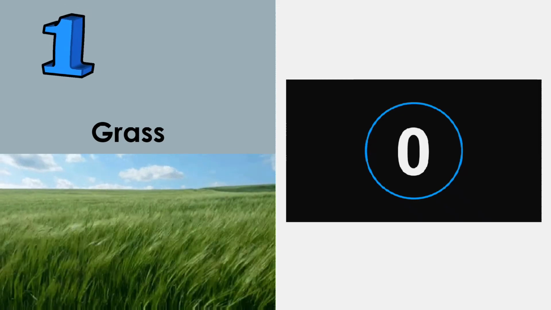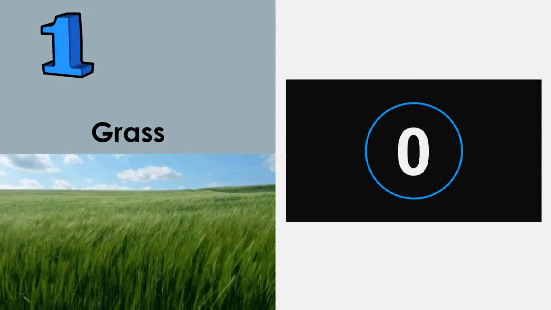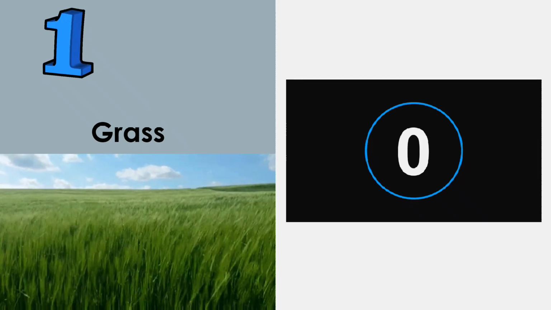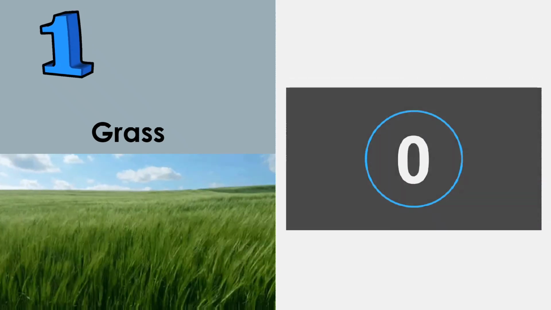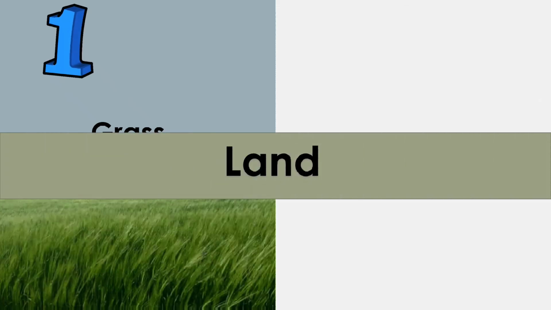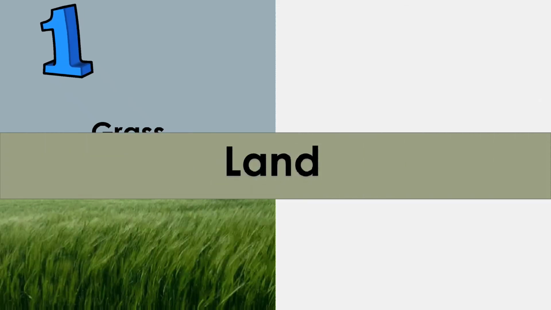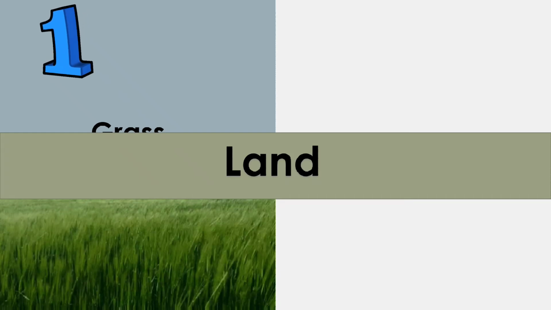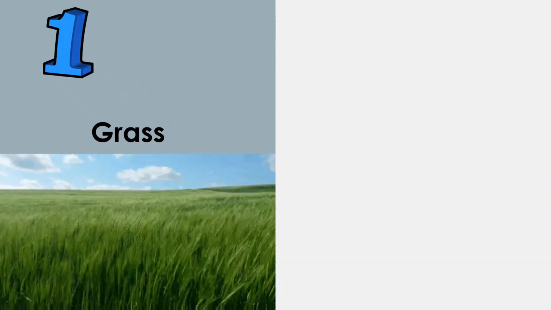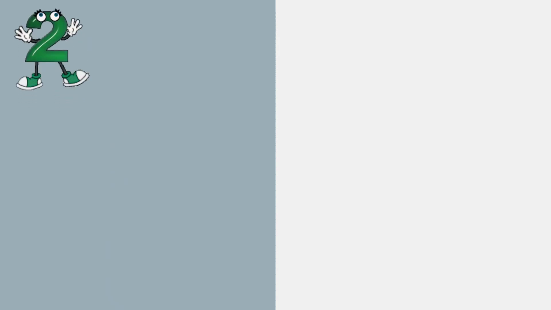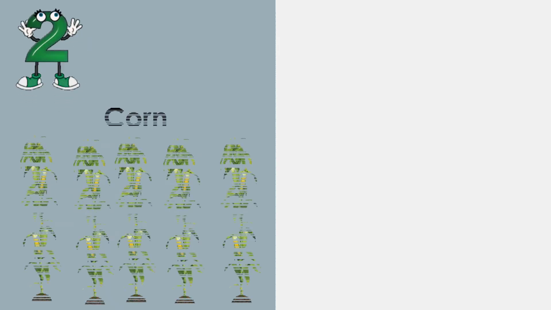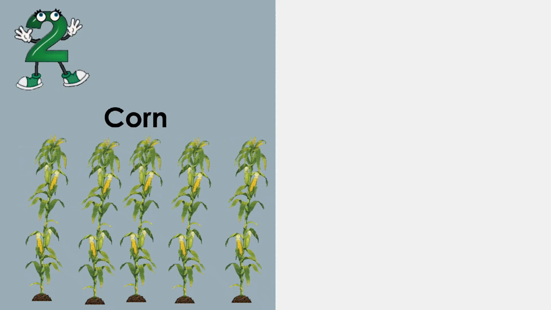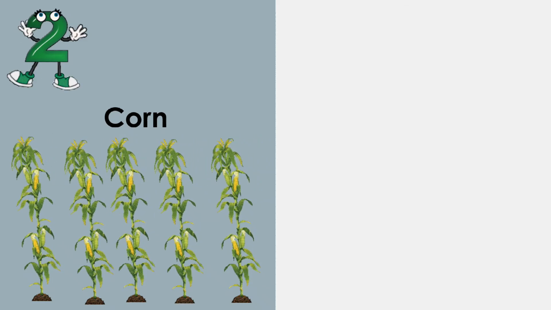Okay, time's up. So, grass grows in what place? Is it in land or water? If your answer is land, then you got the correct answer. Let's go to number 2. Corn. Where can you find the corn?